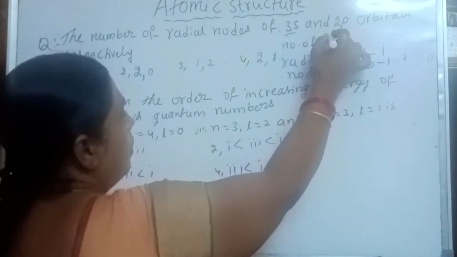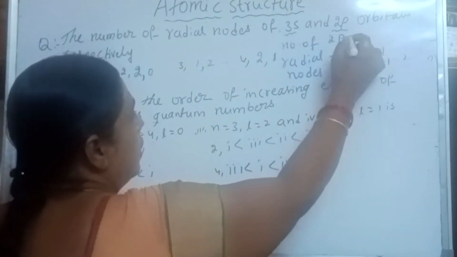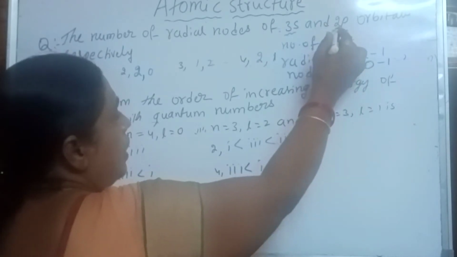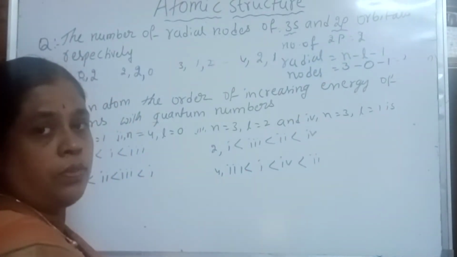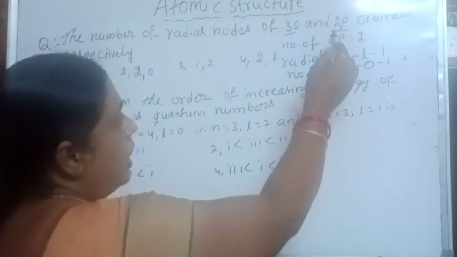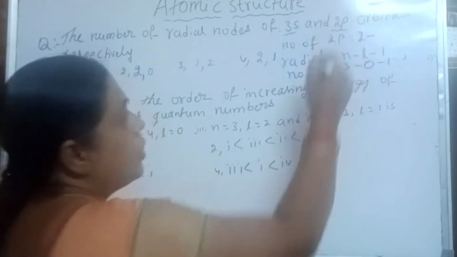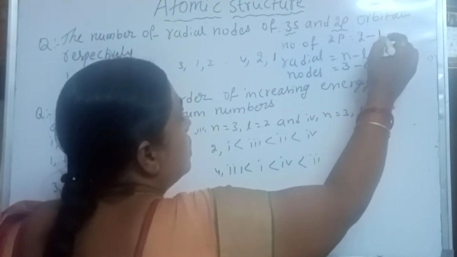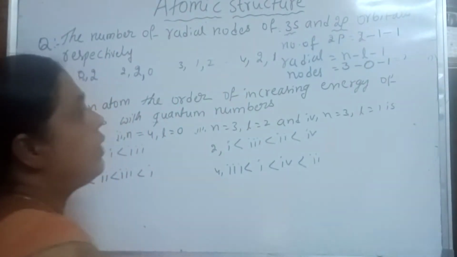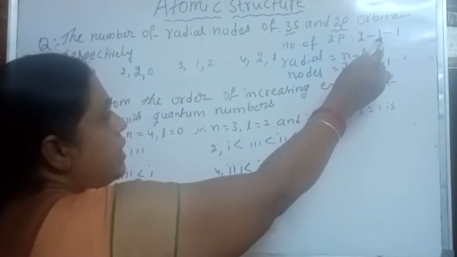So the next orbital here, 2p orbital. For 2p orbital, n value is 2, minus L value, minus 1. For p orbital, L value is 1.